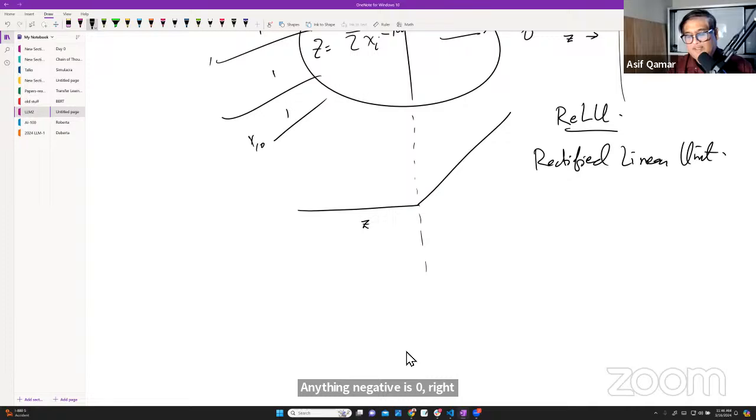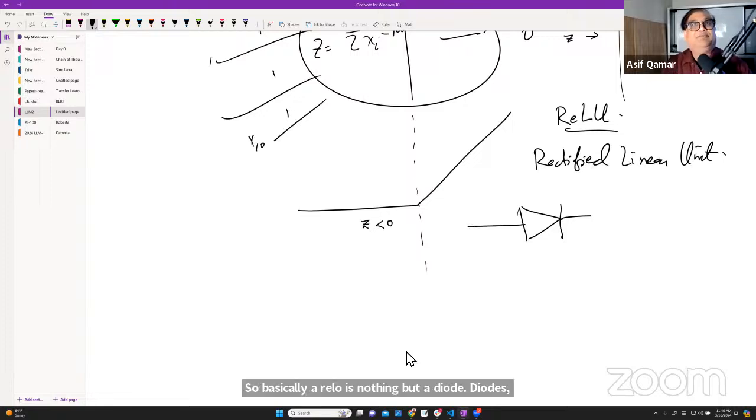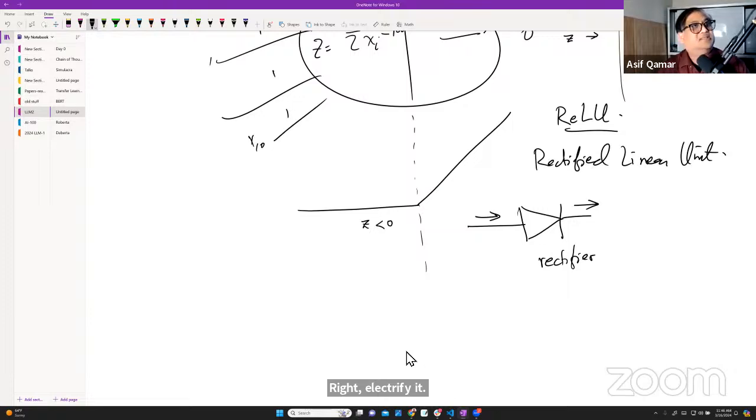When Z is negative, it's 0. When Z is positive, it is whatever the value is. So basically, a ReLU is nothing but a diode. That's why a diode is also called a rectifier. Current can flow in only one direction. That's what a ReLU activation is. Does it make sense, guys?